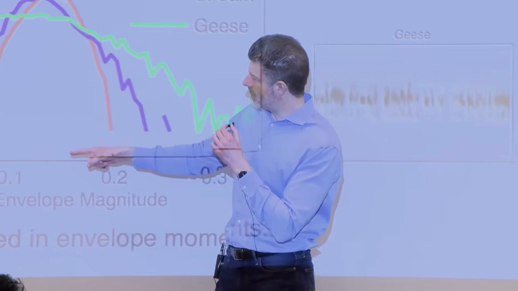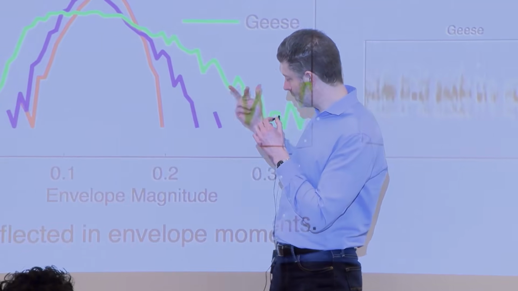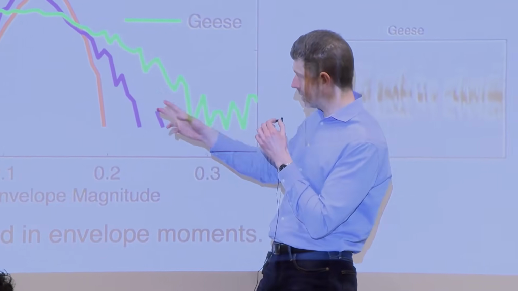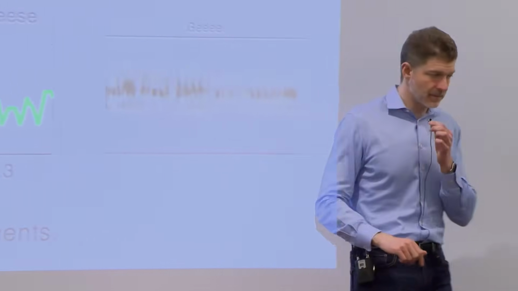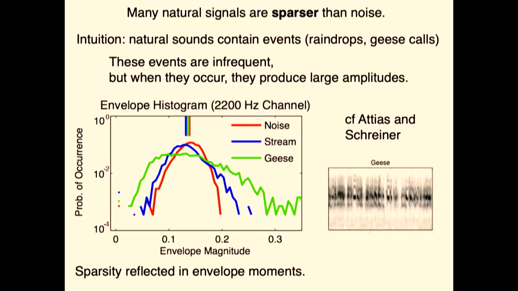Critically, that shows up in these relatively simple statistical properties of the distributions, like the variance and the skew, which are examples of moments. So the point is that we could measure some fairly simple things, just variance or skew, and differentiate between these different sounds.